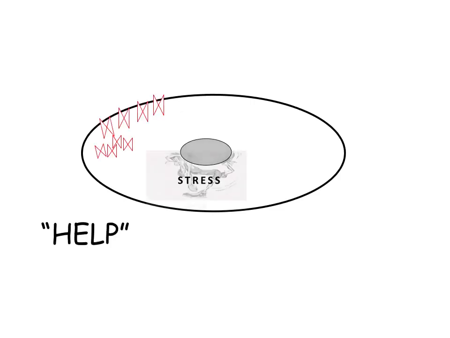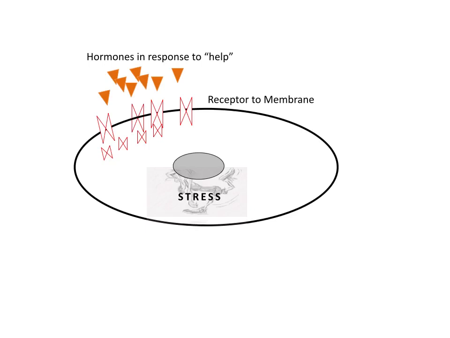Cell is stressed. When the cell is stressed or when the body senses a disturbance, hormones will be released in response to the help signal from the stress.